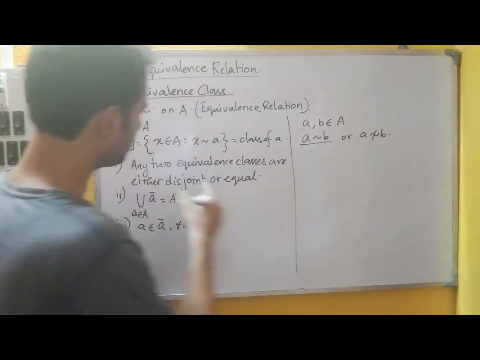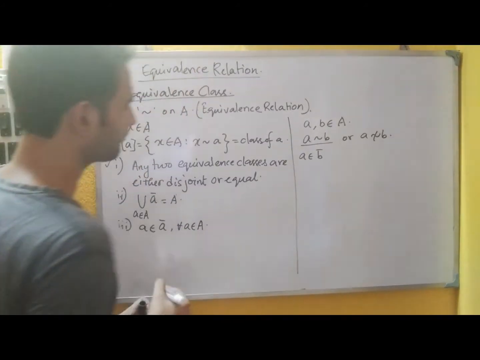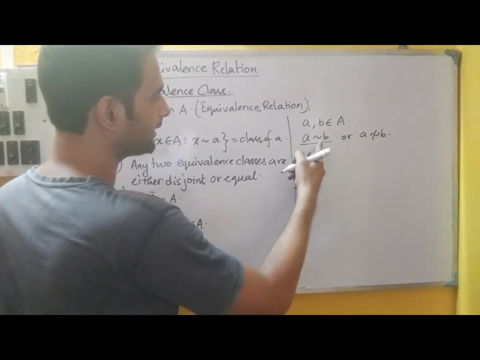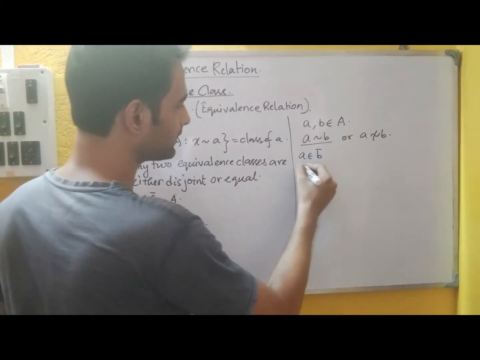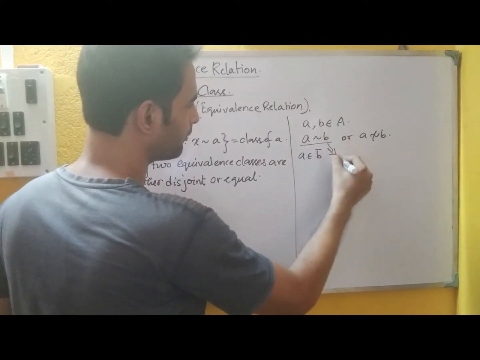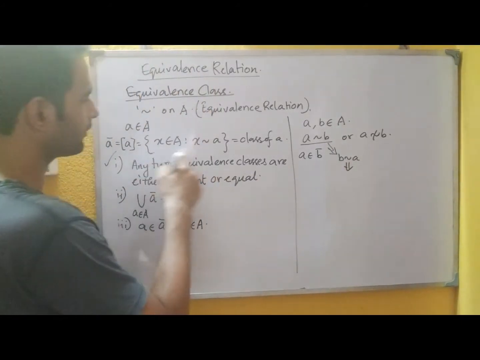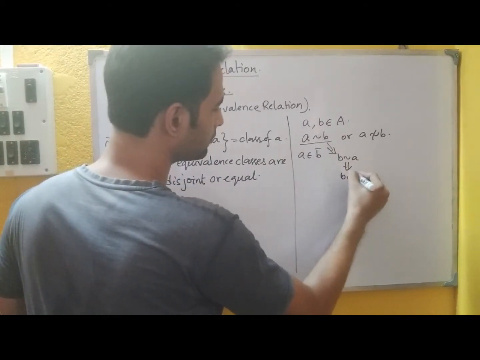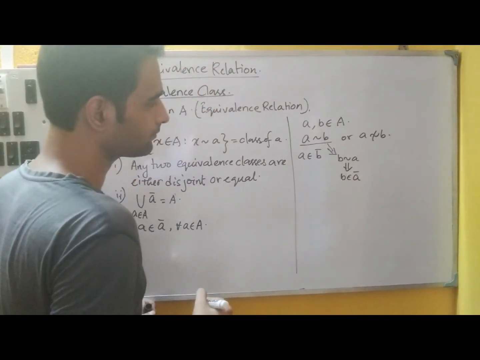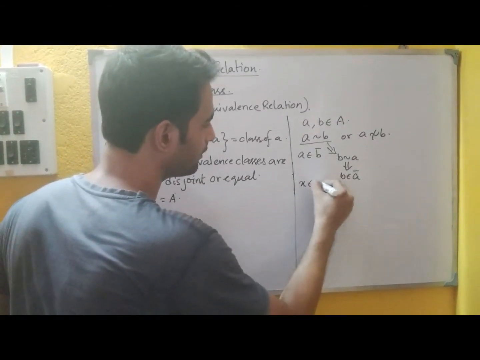Then we can say by the definition here that a belongs to class b, and since the relation tilde is an equivalence one, this a tilde b will also imply that b tilde a, and this b tilde a will imply by the definition of class that b belongs to class a. Okay, so now we are taking any element x from the class a.